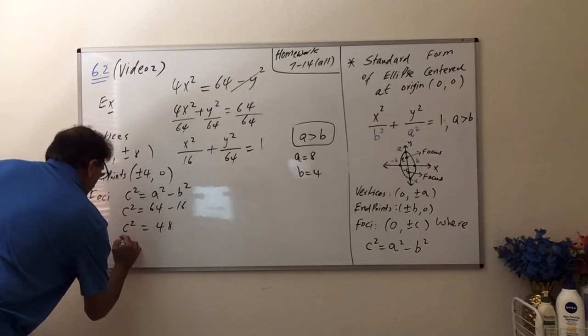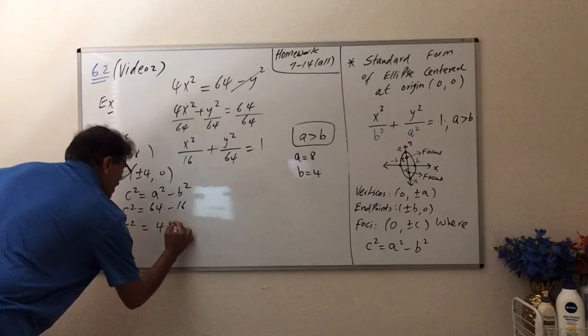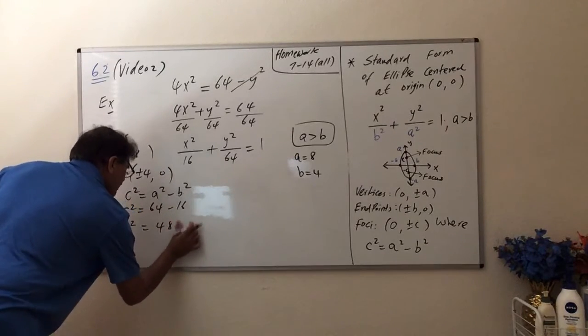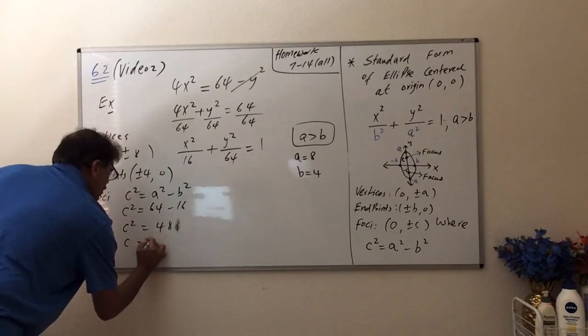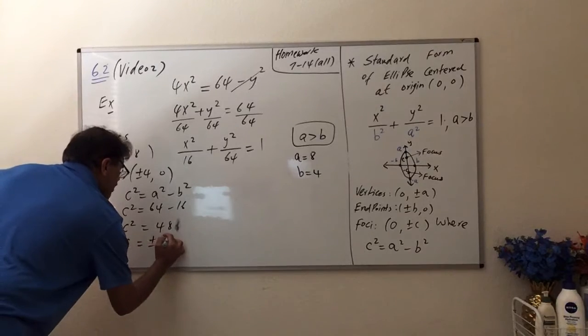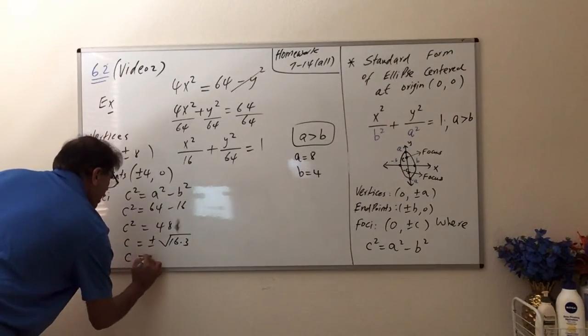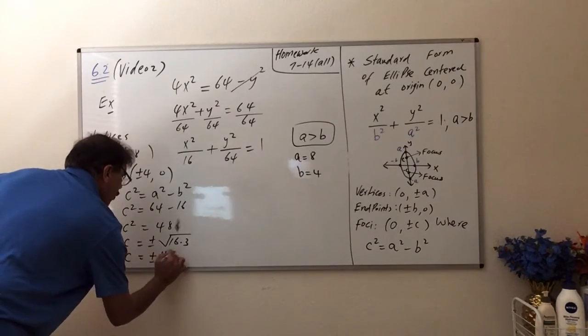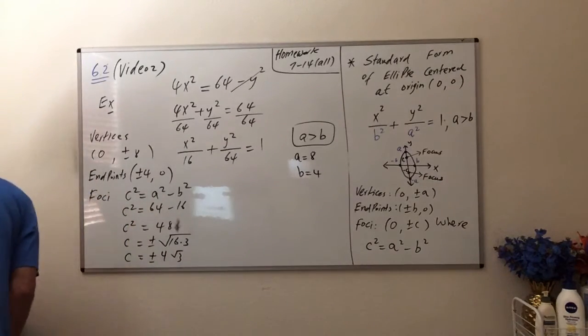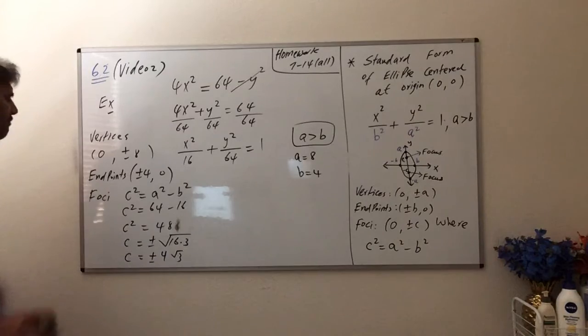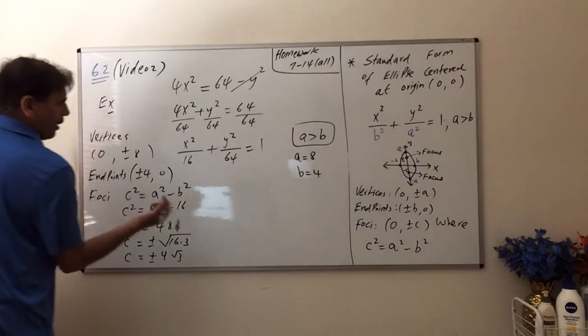And then here, we can write c equals plus minus the square root of 48. What is the best combination? 16 times 3 is 48. Well then, c is going to be plus minus 4 root 3. So that is the coordinate for the focus. So this is the focus here.